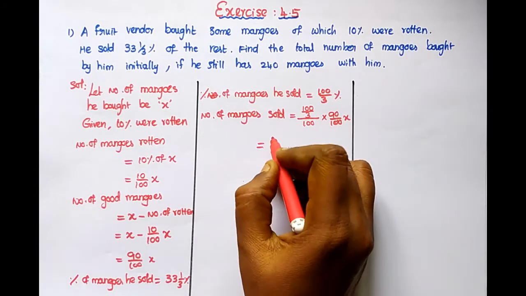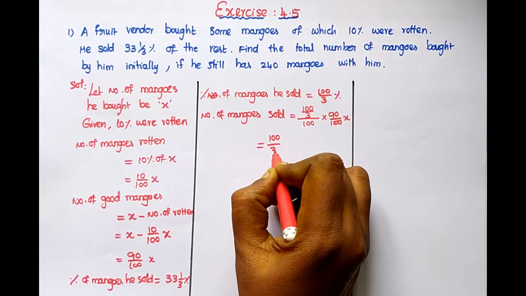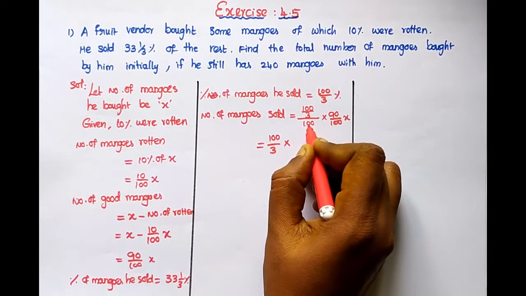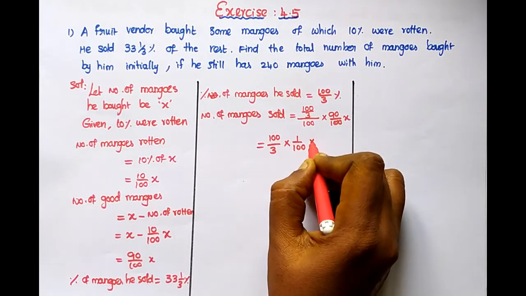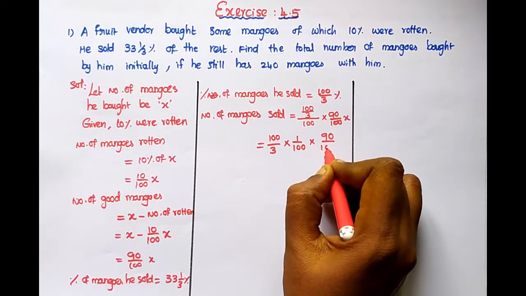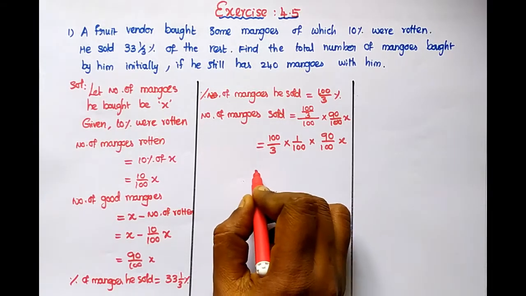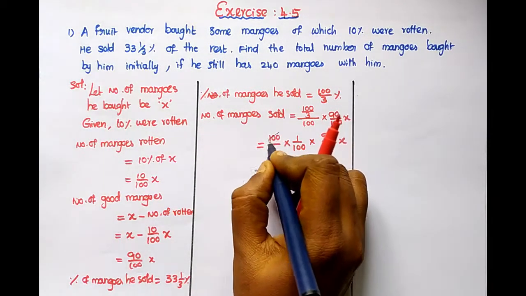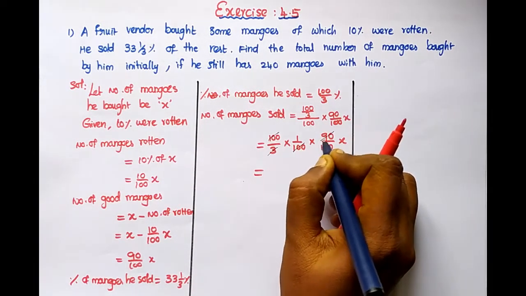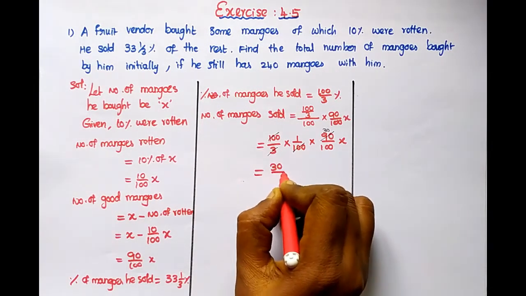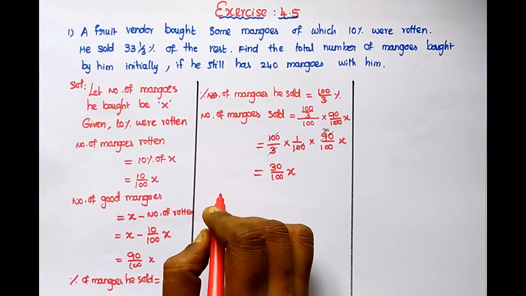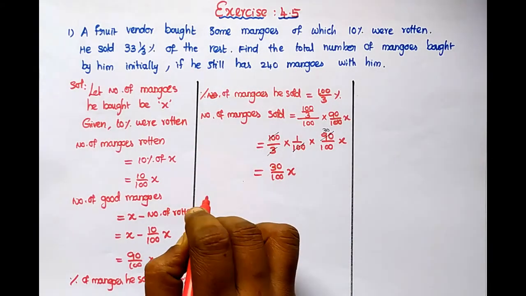Write down this 100 divided by 3 into, here 100 is in division, so take reciprocal for that. So, 1 by 100 into 90 by 100 x. Now, the cancellation, 100 cancelled, 3 30s are 90. So, 30 divided by 100 into x, that is number of mangoes sold.